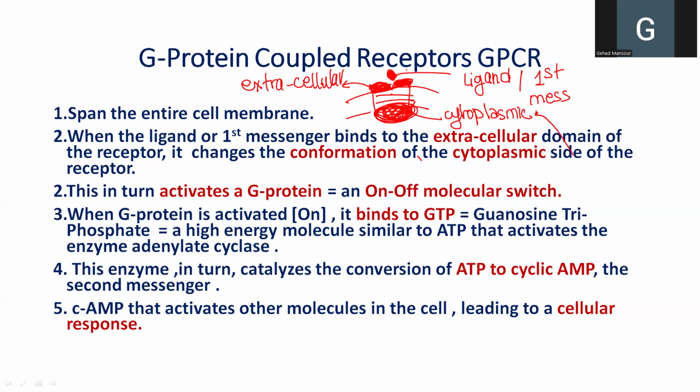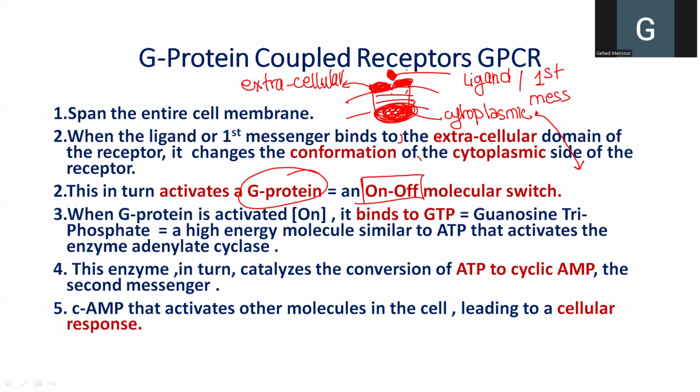And this change in the conformation of the cytoplasmic side will in turn activate a G protein. And we will see why the G protein is considered an on-off switch for the biochemical reactions that will occur inside the cell.